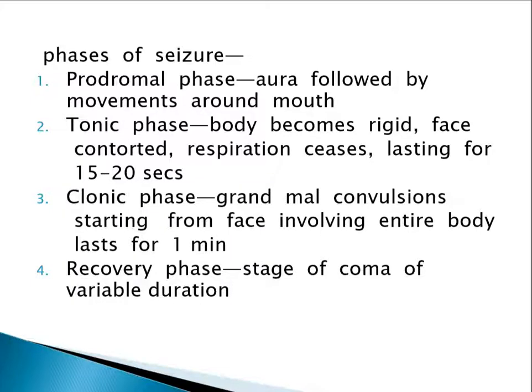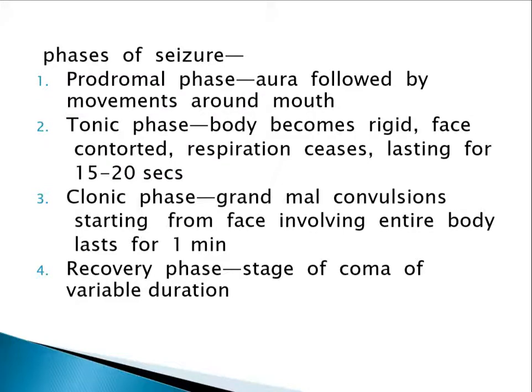Now, phases of a seizure: it is like grand mal convulsions. There is a prodromal phase where there is aura followed by movements around the mouth. There is a tonic phase where the body becomes rigid, face contorted, and respiration ceases. That is continuous contraction, which is what tonic means, lasting 15 to 20 seconds.